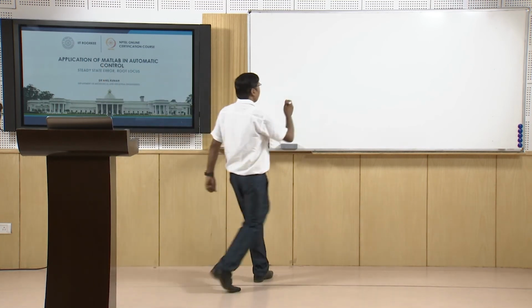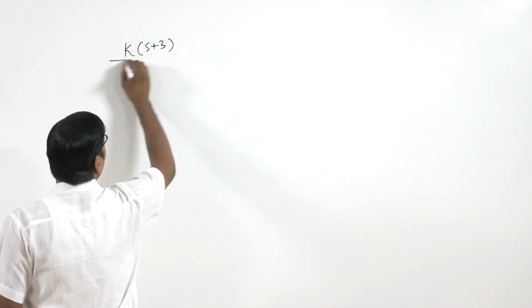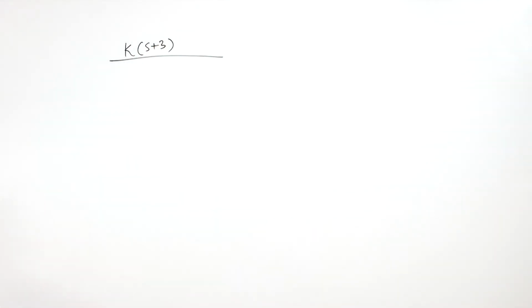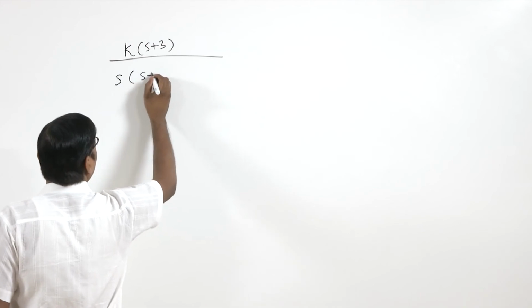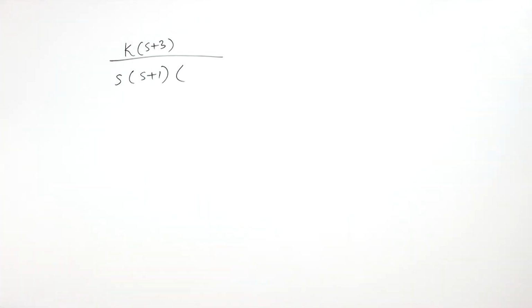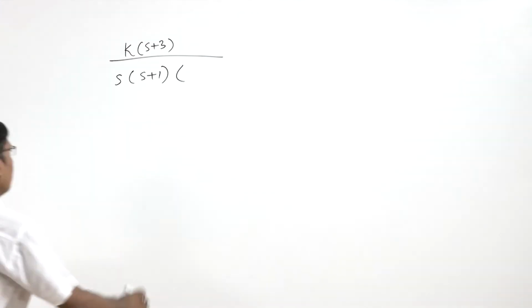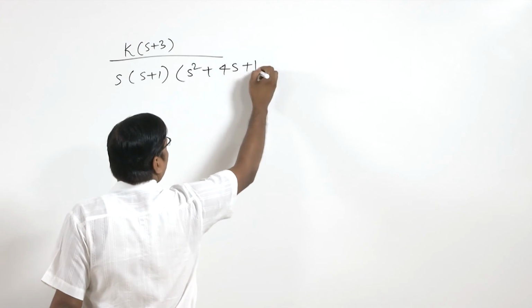We have this system, that is K times (s plus 3) upon (s plus 1).